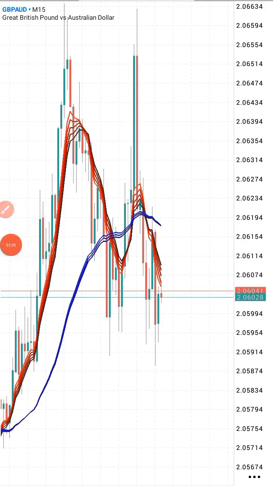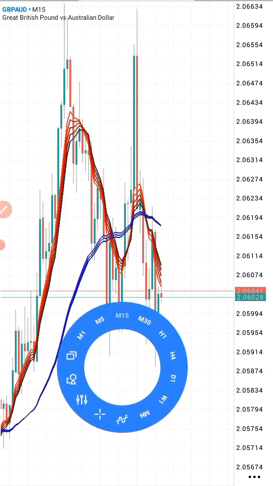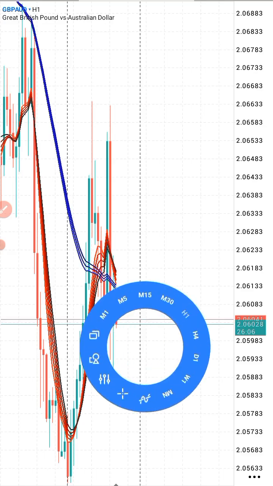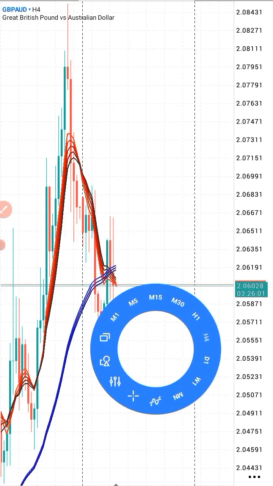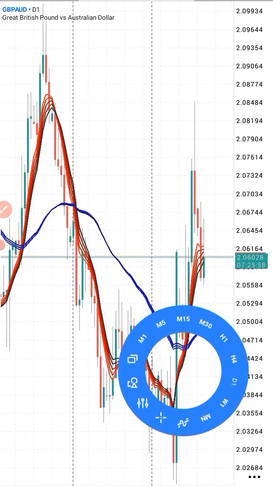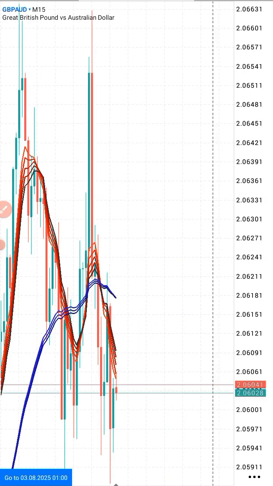You can also apply multiple time frame analysis in order to help you filter your trading using moving averages. I have a video on that. You can use the 1 hour time frame, the 4 hour time frame, or the 1 day time frame in order to have a good filter and go in the direction of the market.